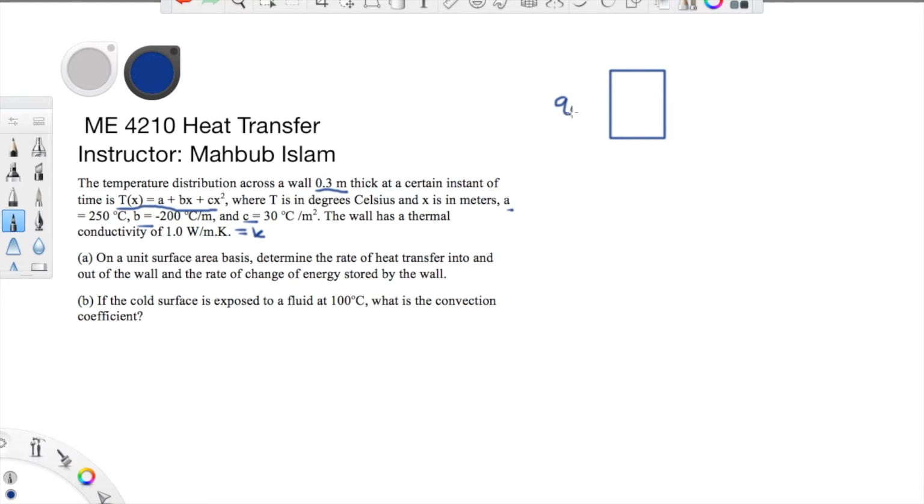So here we have our Q in, and we also have our Q out, Q being our heat transfer, of course. And this surface here is our T(x).